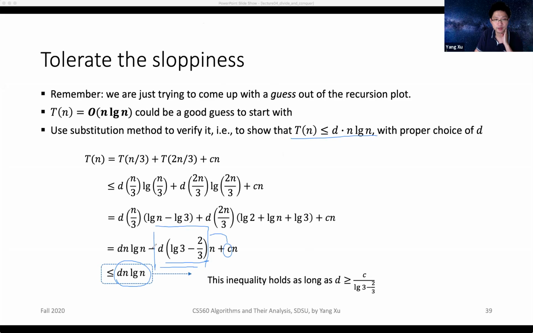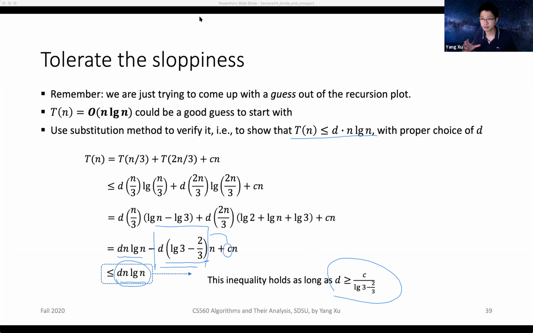Because there's a negative here. We want the whole thing to be smaller than this term, right? So we can solve for d by such an inequality. Okay, so that is the first step of the substitution method.